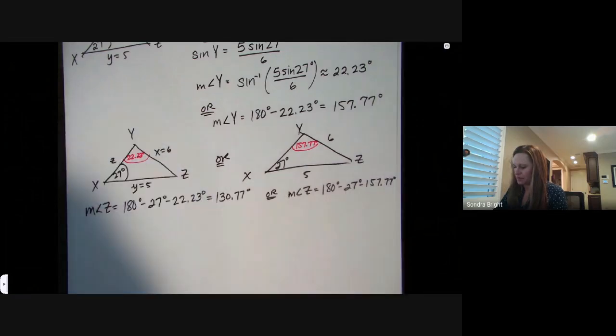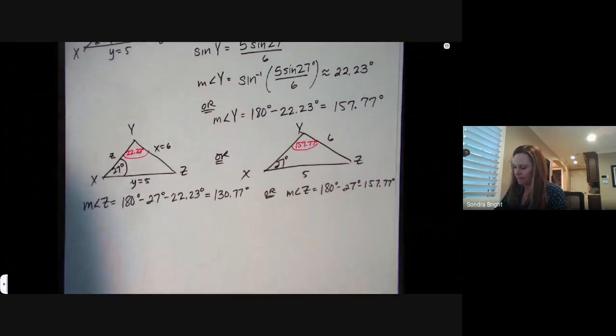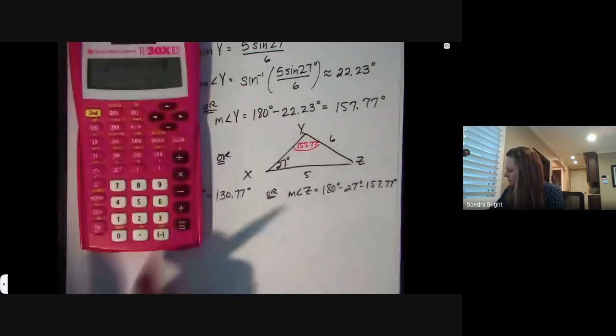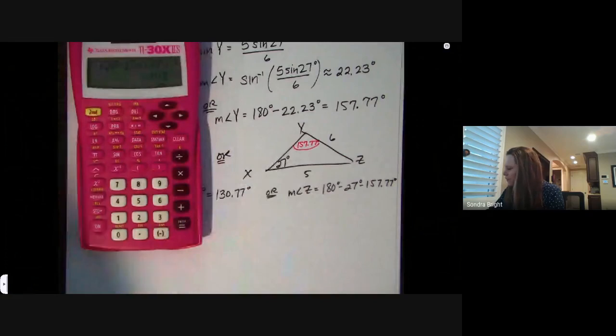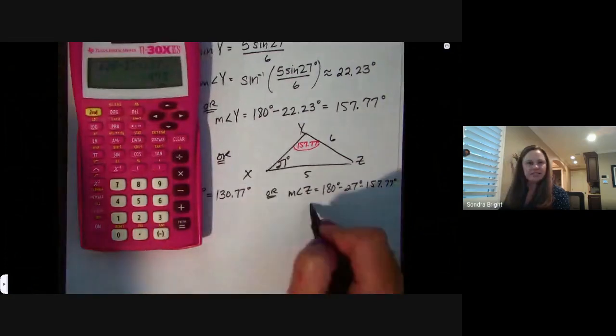What do you get? 180 minus 27 minus 157.77. Let me show you on my calculator. Negative 4.77 degrees?